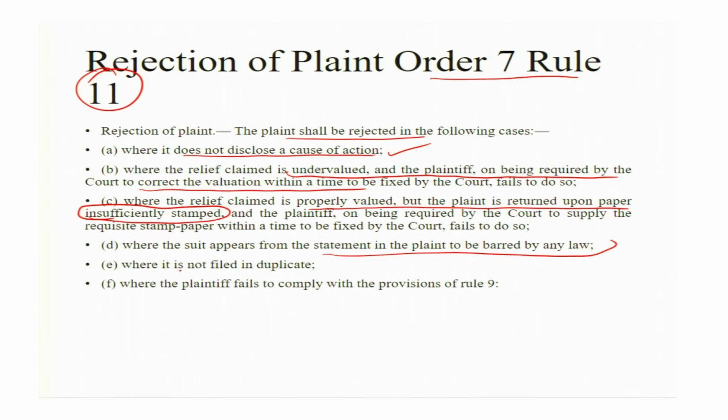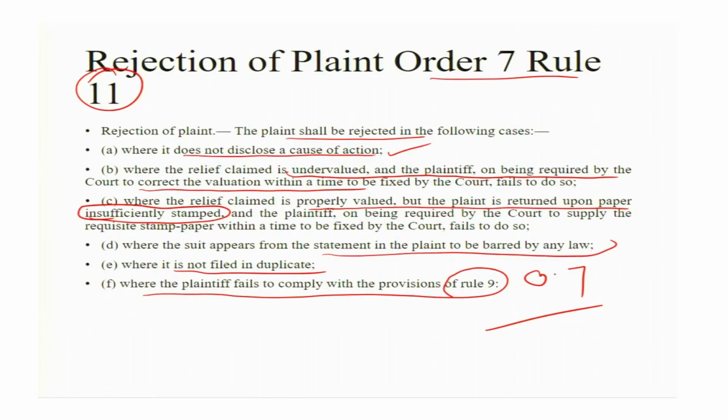Next one, where it is not filed in duplicate, where the plaintiff fails to comply with the provision of Rule 9 of Order 7, you can go through it, because as per the number of defendants, you have to submit the copies. If there are 5 defendants, then 5 copies, and accordingly you will pay the postal charges also.